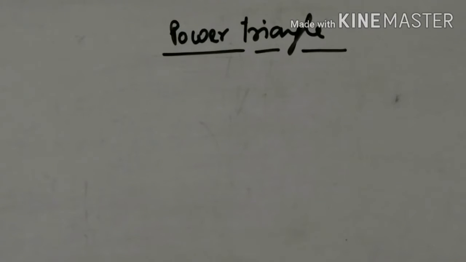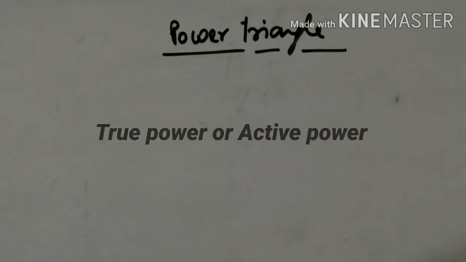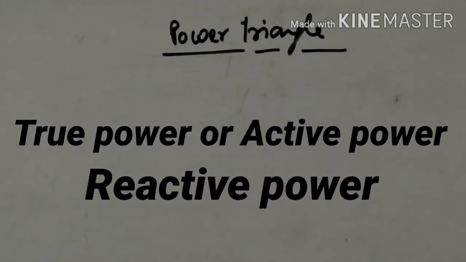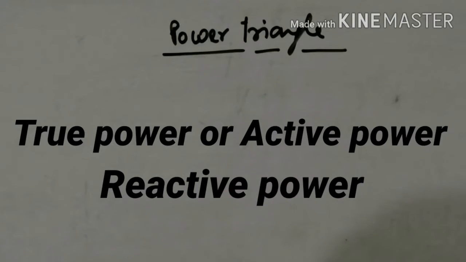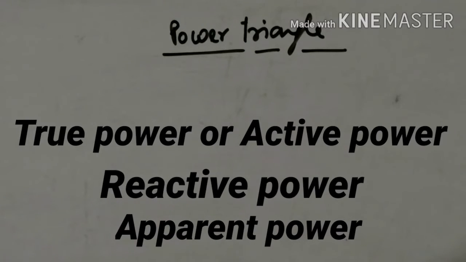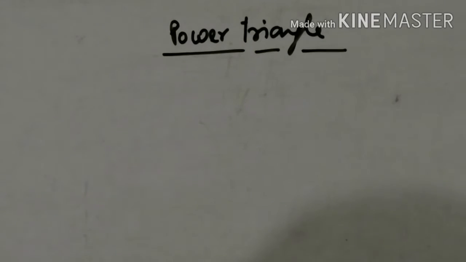There are three types of power known as true power, it is actual power. Second, reactive power, and the third one is apparent power. Now listen about the true power.